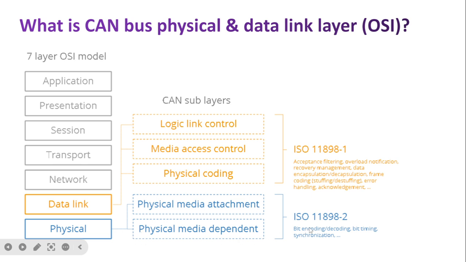This is covered under ISO 11898-2. In the data link layer there is logical link control, which includes logic and programming, then media access control and physical coding. These three parameters are covered under ISO 11898-1.